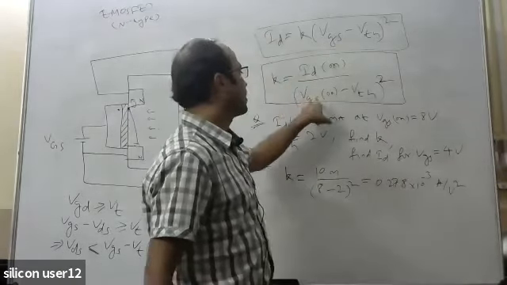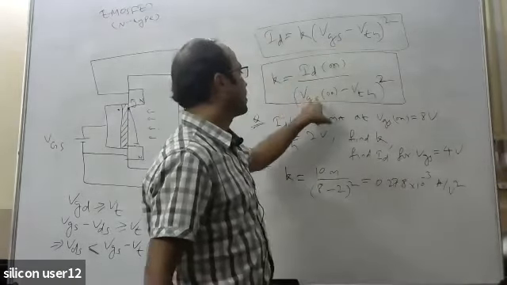Just put this same formula: your ID equal to K into VGS minus VT whole square. Or K is given, so directly you can also put K equal to your ID on by VGS on minus VTH whole square.